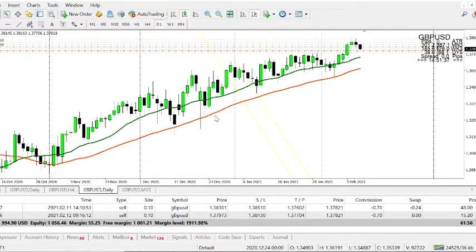Getting a directional bias means that I use the EMA moving averages, the 18 and 40, on the daily chart.